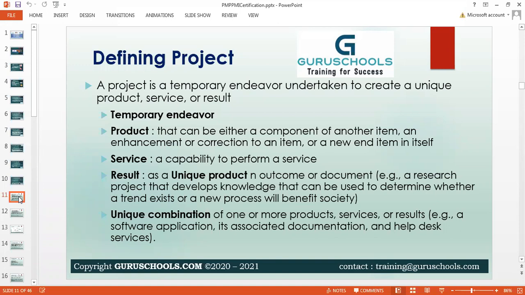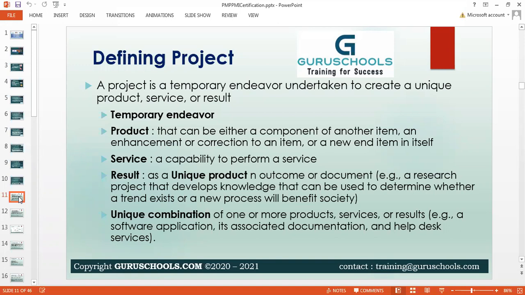We are trying to multiply the product with similar and similar results rather than a unique product. So that's not a project, that's manufacturing. We are talking about a unique product. Whenever I'm trying to create, let's say, one art, I'm trying to draw, let's say, the Himalayas with my pen and pencil, I go there and keep drawing. That's a project, because I'm trying to create a unique product, service, or result.